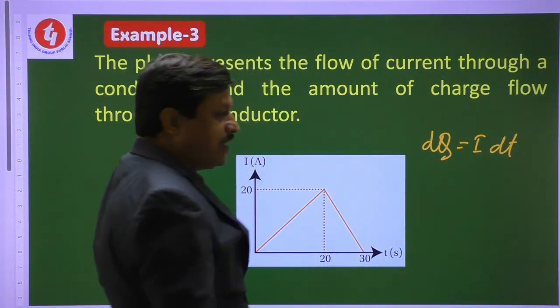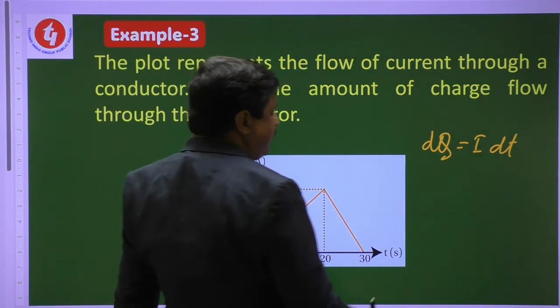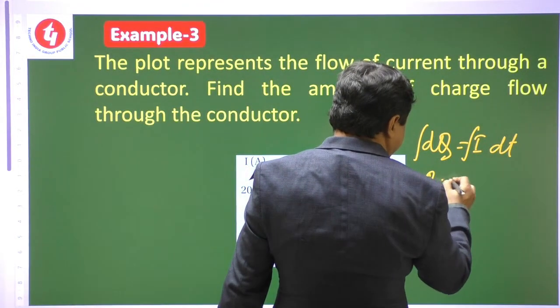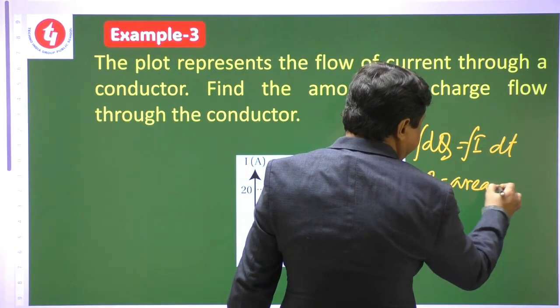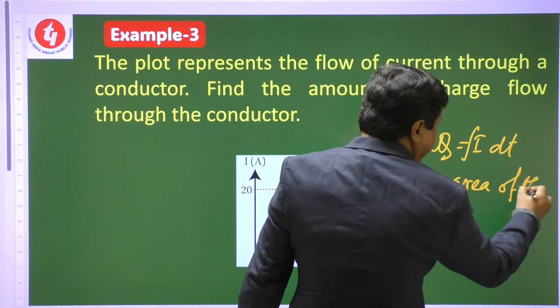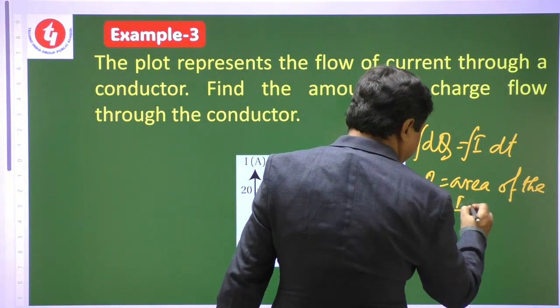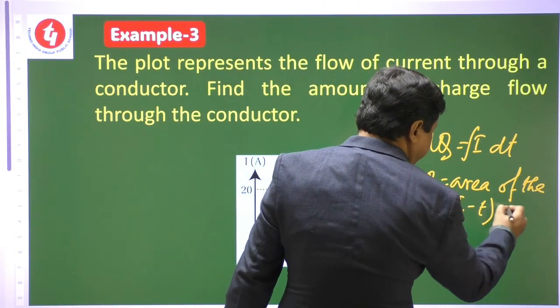So integrating I dt means Q is equal to the area of the I-t graph, right? I-t graph.